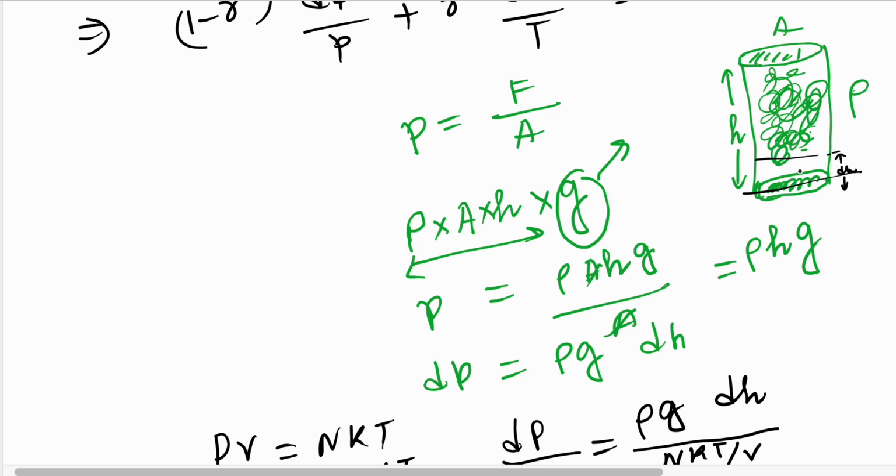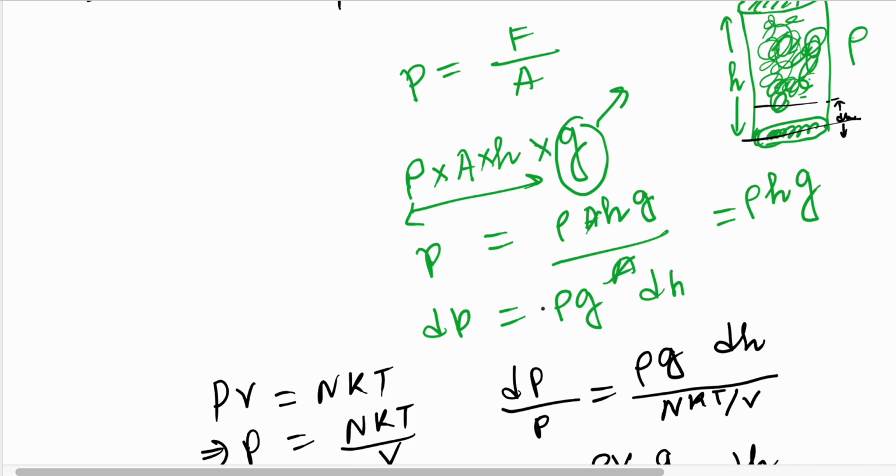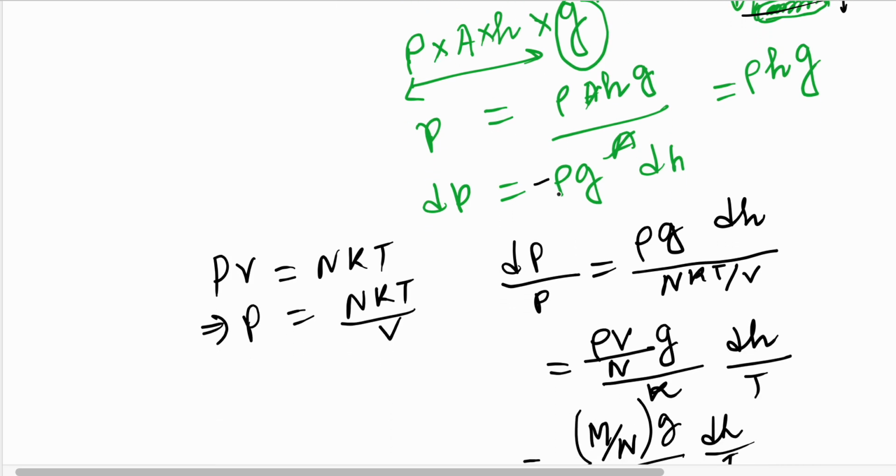That information should be contained in this differential. So dP should be negative rho g dH. If I increase my height from the ground by dH, the pressure would be lower by an amount rho g dH. So this negative sign should be there.